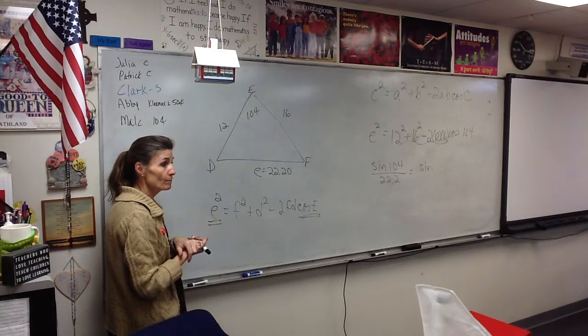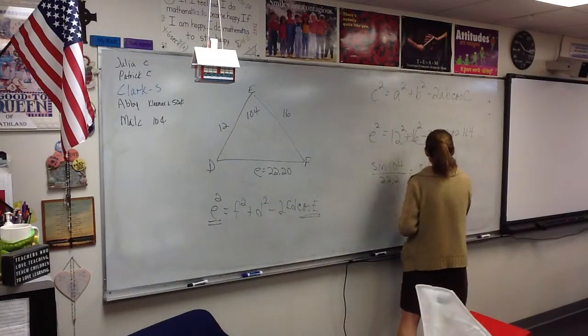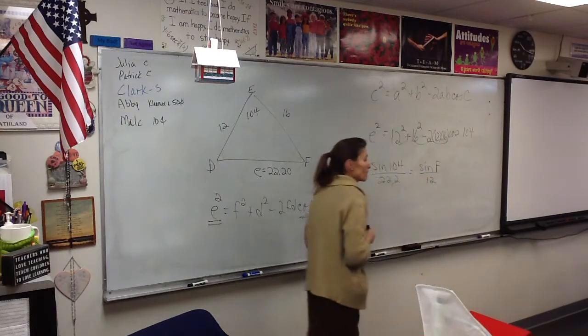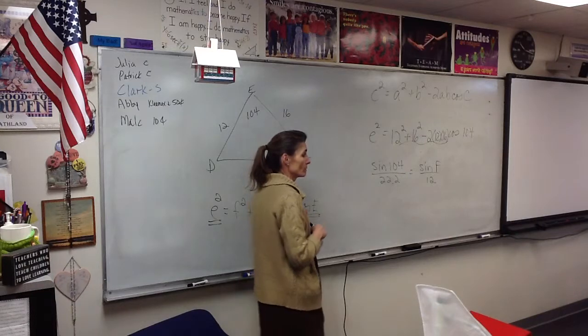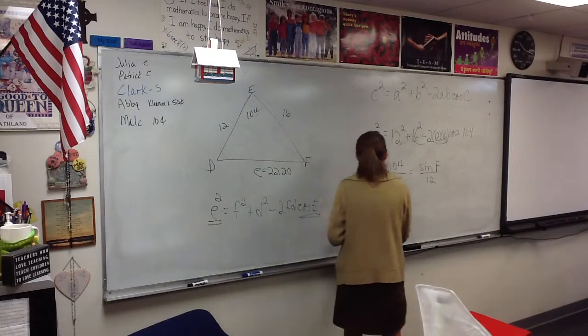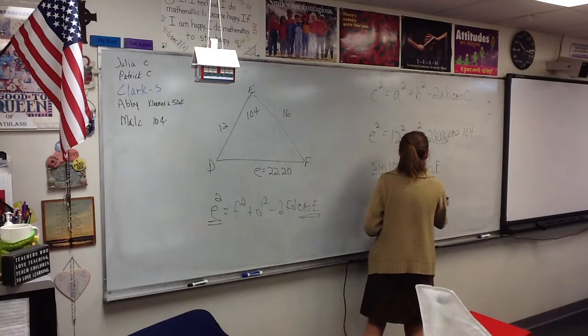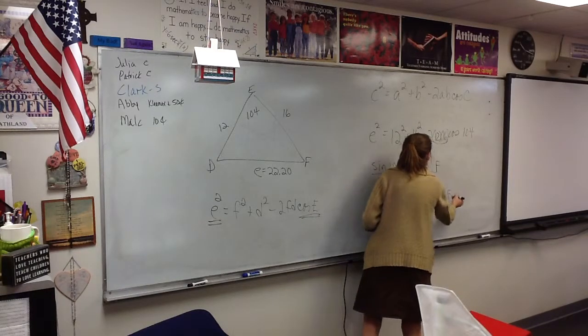Which one do you want to do? F, so it'll be sine F over 12. And then what happens? Cross multiply. So 12 sine 104 equals 22.2 sine F.